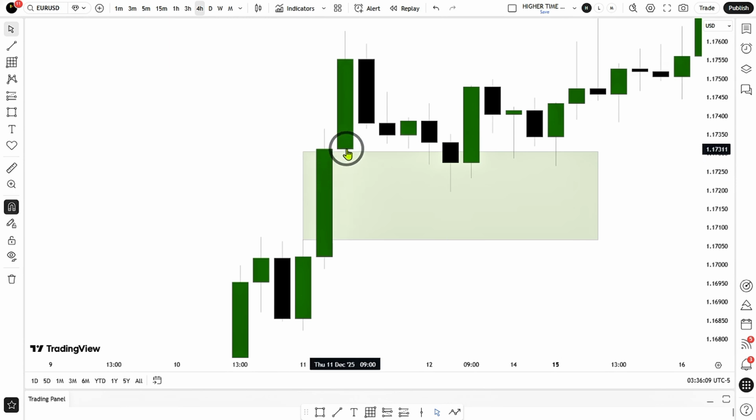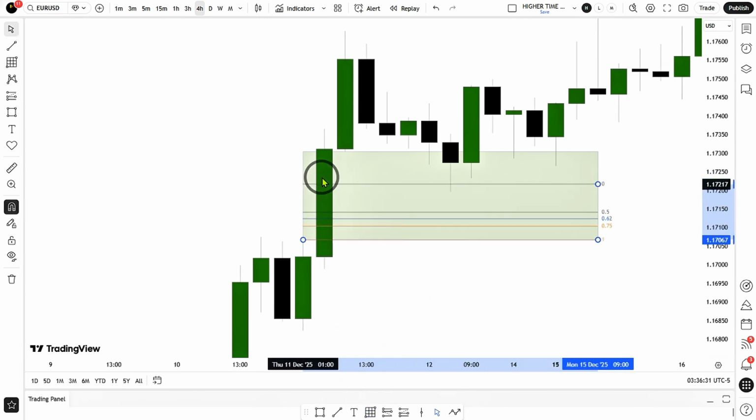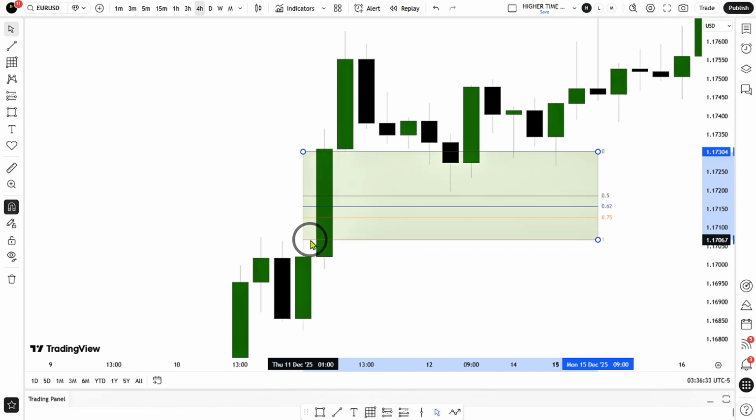Or what gives me conditions that this gap can be utilized more than one time? First, I have to check if this leg, the first leg inside the imbalance, tapped the consequent encroachment of this imbalance, or the 50% of the imbalance.